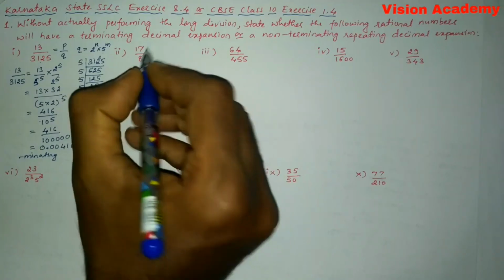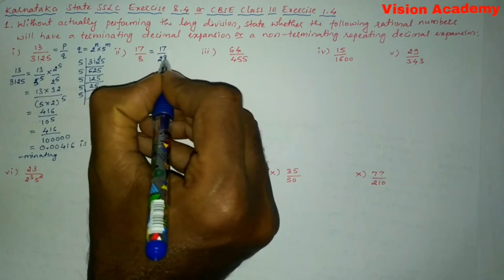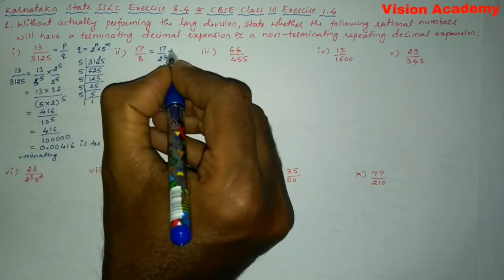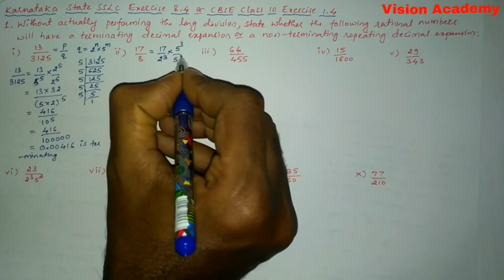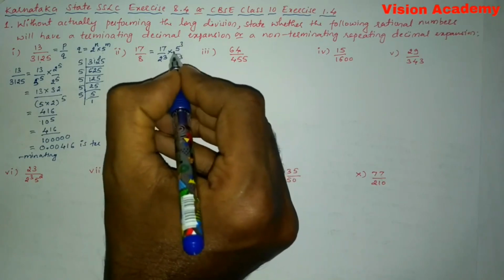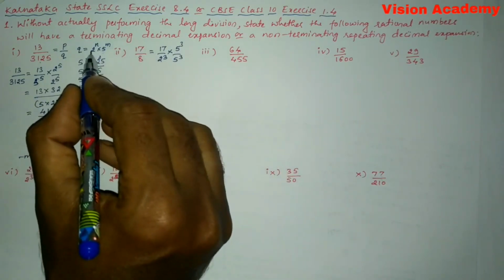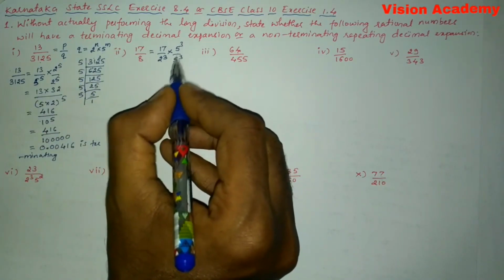Now we can write 17 by 8 as 17 divided by 2 to the power 3. Here 5 is missing. We are going to multiply this by 5 to the power 3 divided by 5 to the power 3, so both will get cancelled. It will be 1 only. So in order to match this expression, we are writing 5 to the power 3 divided by 5 to the power 3.